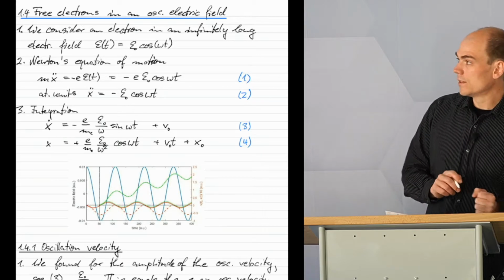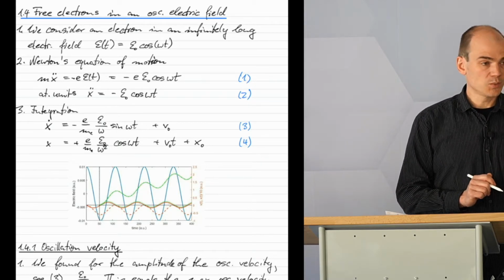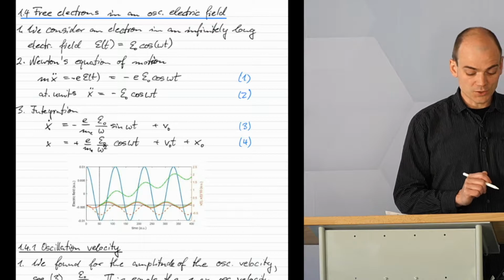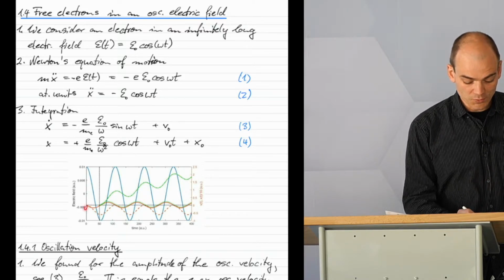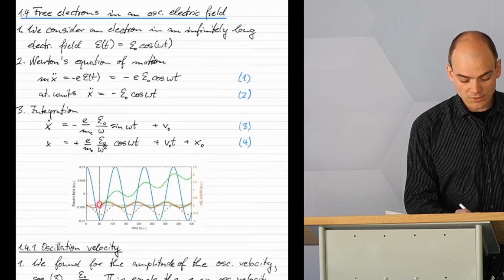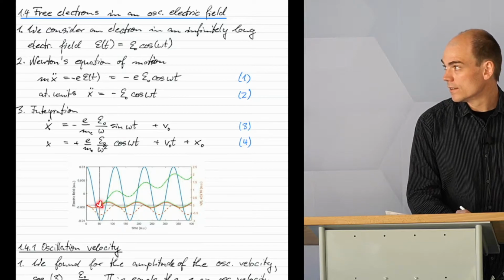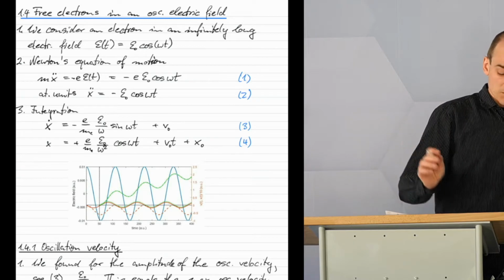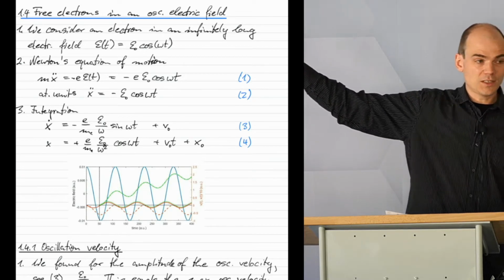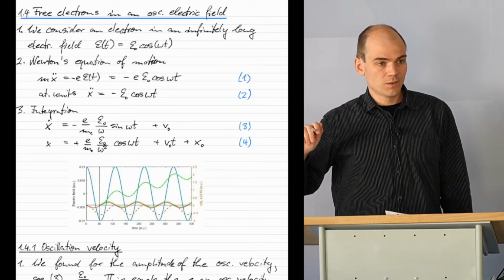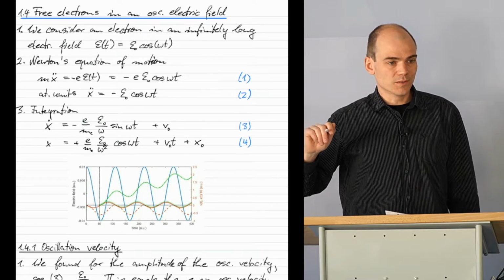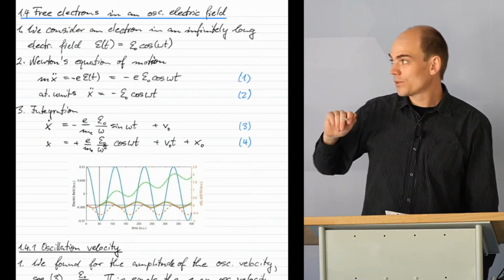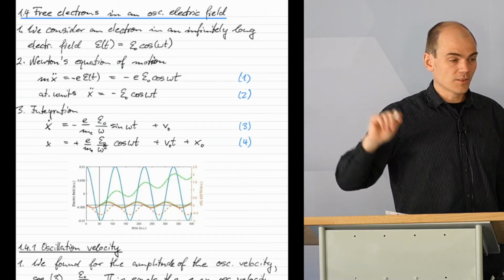You see that the shape of the trajectory depends on the initial time that is chosen. This trajectory is started at this point, whereas that trajectory is started here. It's started not at a zero point, but at some other point, and then this electron actually drifts away from the initial position. So this means it actually gains some net energy.